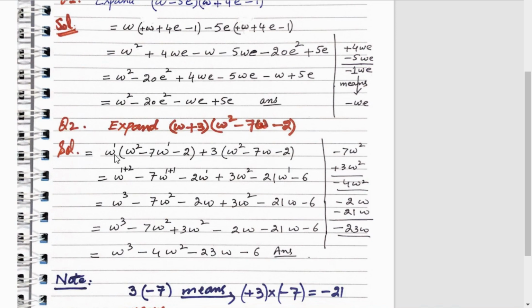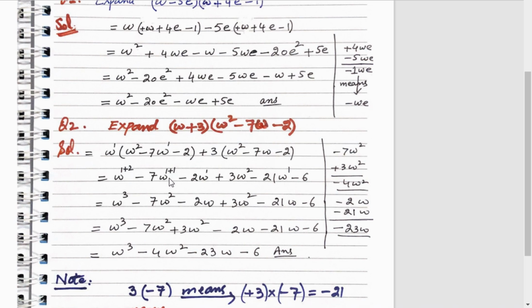Now I have mentioned power over the variables. First of all, we broke this bracket and multiplied w and plus 3 one by one with the second fixed bracket. We actually made them ready for the multiplication. We did not actually multiply them.